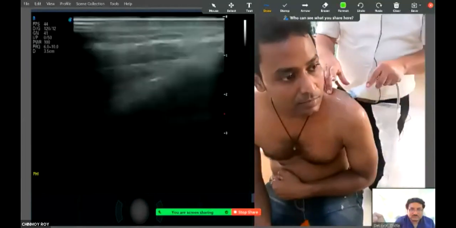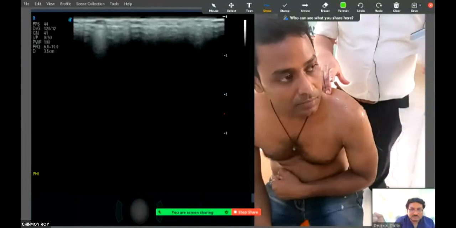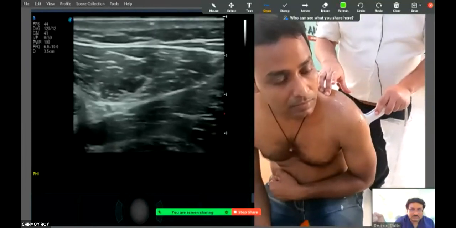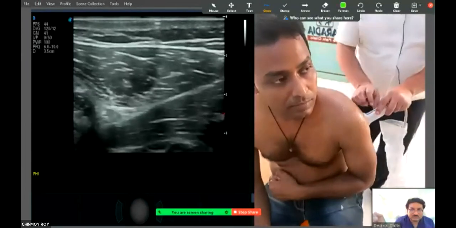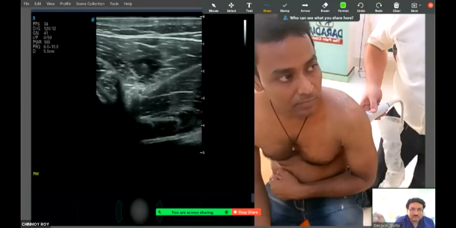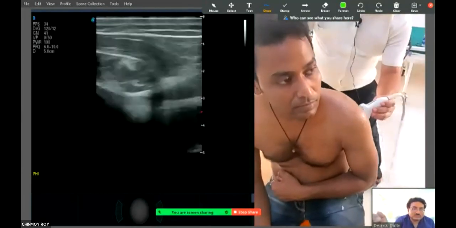There is another way. If I show you a longitudinal, long axis view in the humerus like this, then you will be able to see the teres minor here.